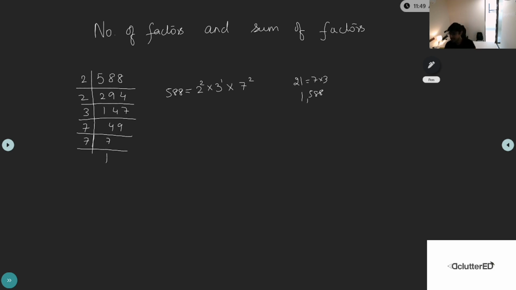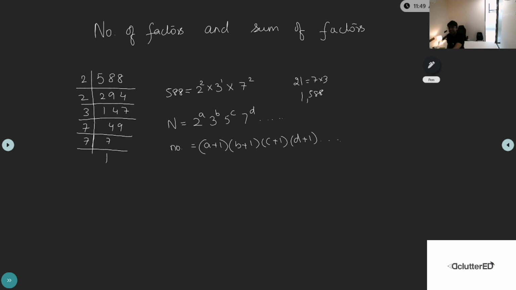The formula is: if any number n can be written as 2 power a, 3 power b, 5 power c, 7 power d, and so on, where all these are the corresponding prime numbers in their exponent form, then the number of factors is (a plus 1) into (b plus 1) into (c plus 1) into (d plus 1) and so on.